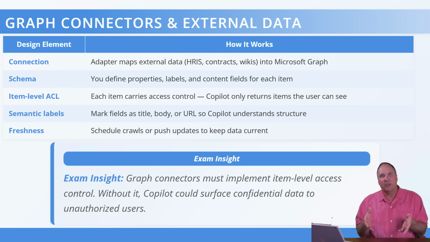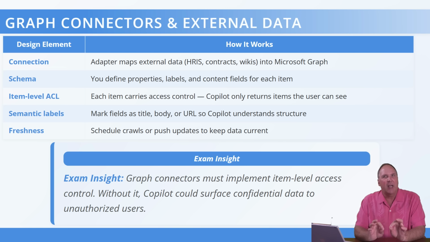Now, graph connectors. When you build a graph connector, you define a schema that maps your external data into Graph's internal structure. Each item gets properties, content fields, and semantic labels like title, body, URL, and so forth, so that Copilot understands the structure.